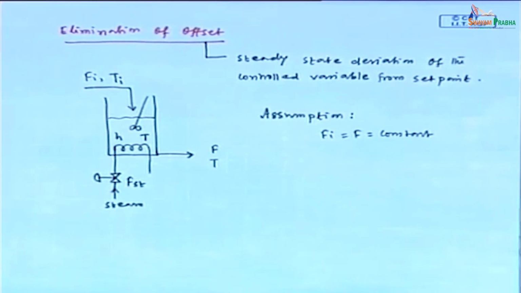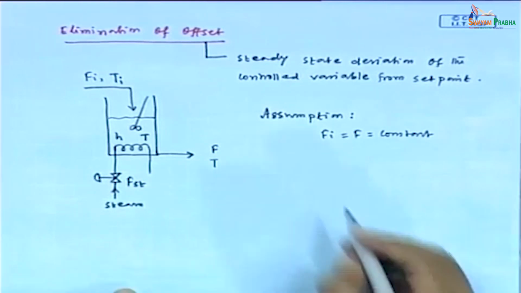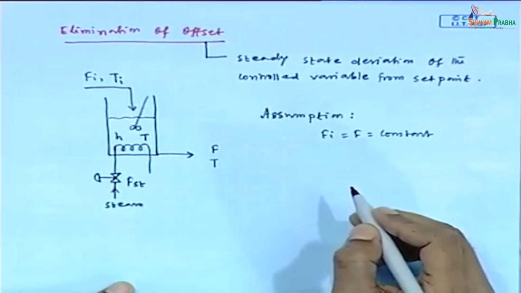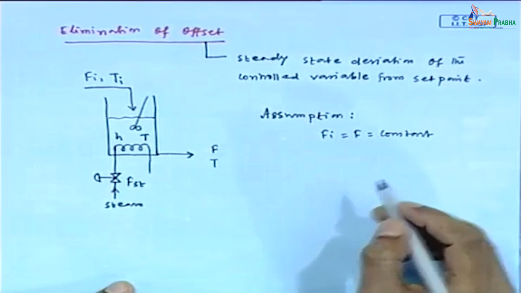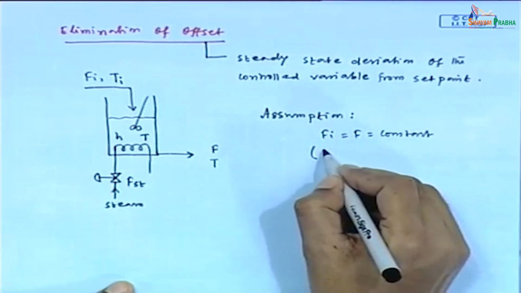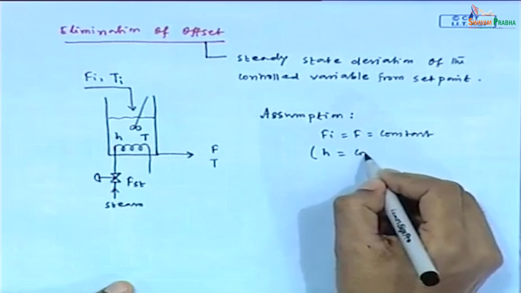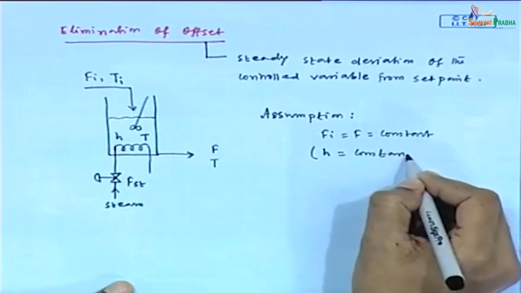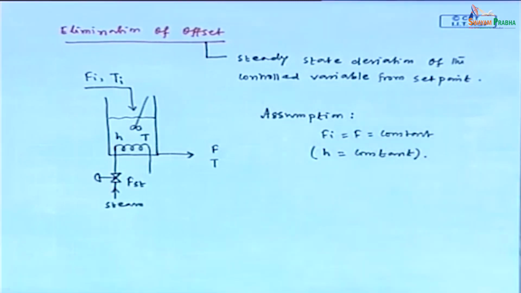So, what it indicates? There is no variation of height. If both the inlet and outlet flow rates are equal and constant, then there is no variation of liquid height.